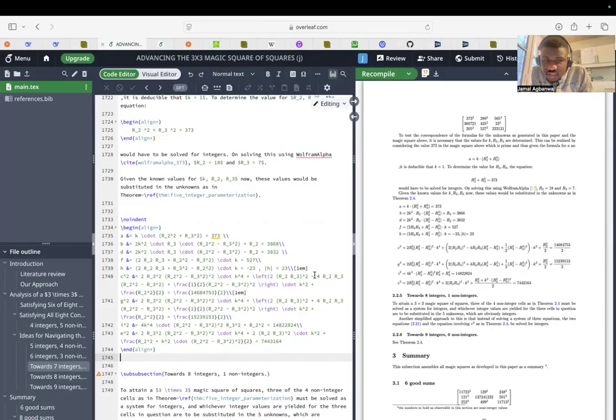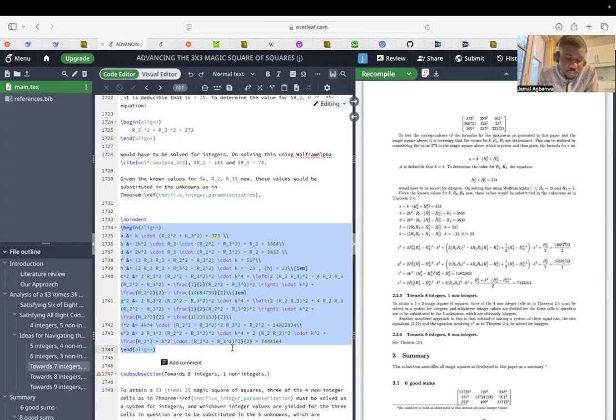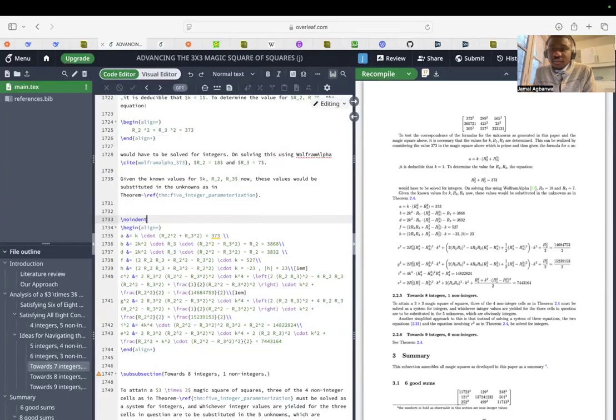This string. Okay. Let me pose this to ChatGPT and try something.